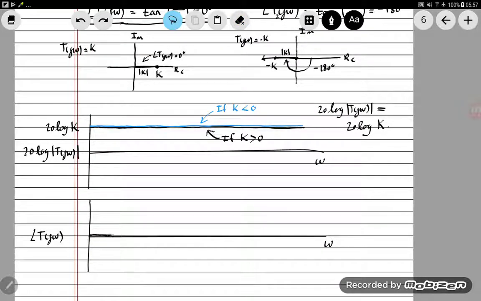So our phase plot for when it's a positive K just looks like that.